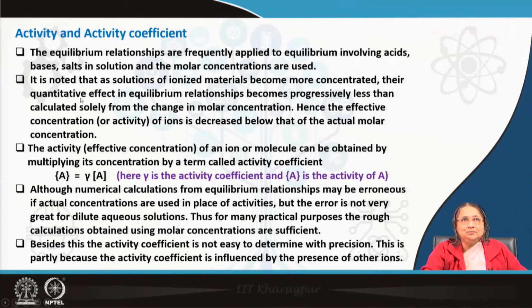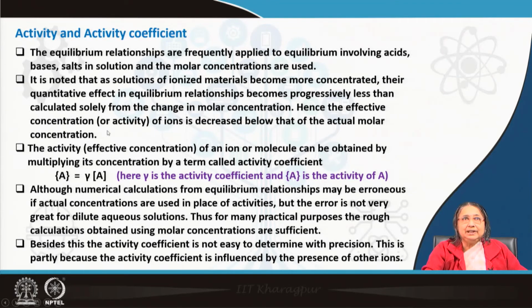In that case, it is noted that as solutions of ionized materials become more concentrated, their quantitative effect in equilibrium relationships becomes progressively less than calculated solely from the change in molar concentration. That means at higher concentration, if we use the molar concentration, then there may be some error.